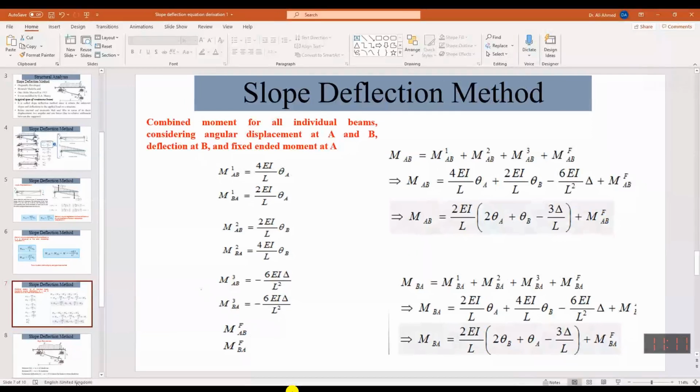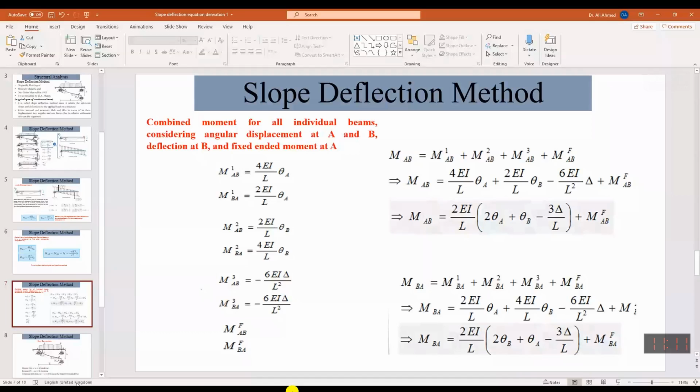Now, if you see over here, these are our two expressions. This is our slope deflection equation. This is the end equation for one end, MAB. This is our second equation, MBA. Now, if our far end is pin, then this equation will be modified. We need to modify it because this MBA will be equal to 0. Why will it be 0? Can anybody tell?